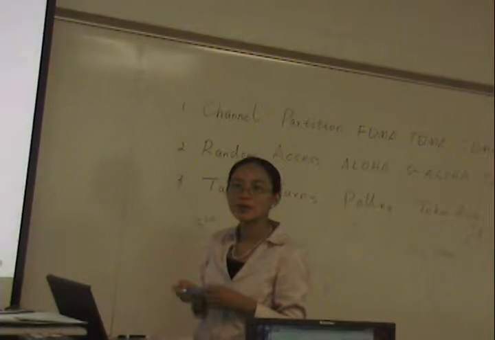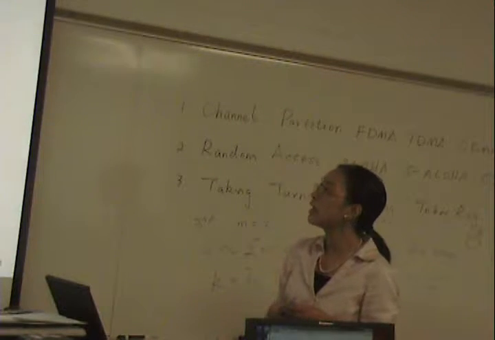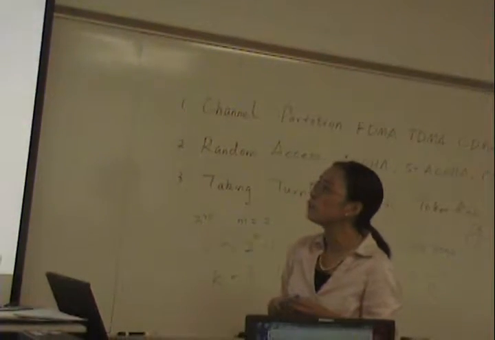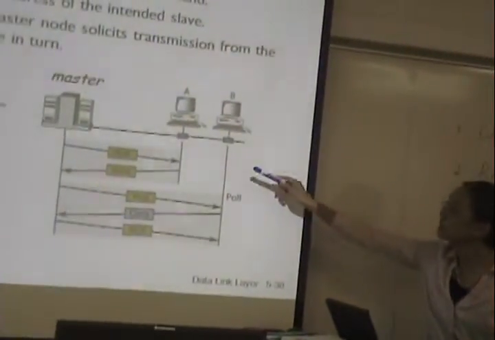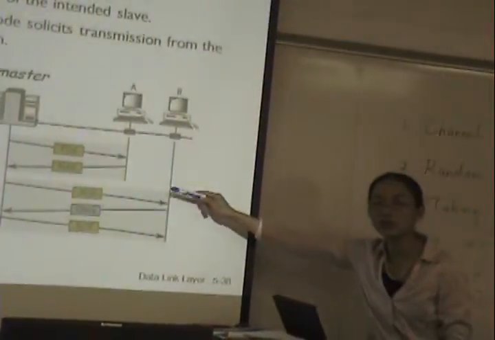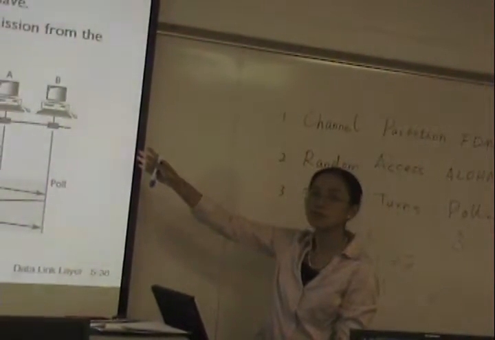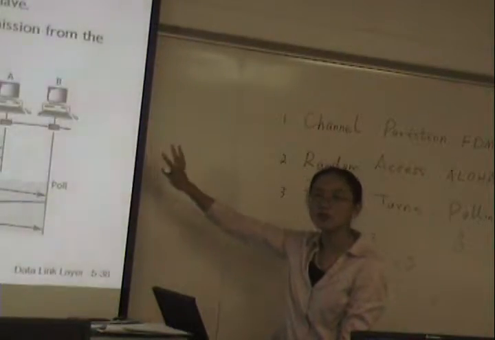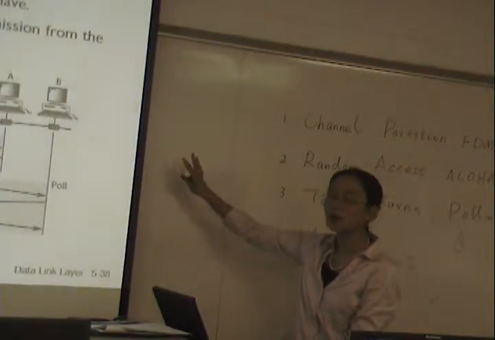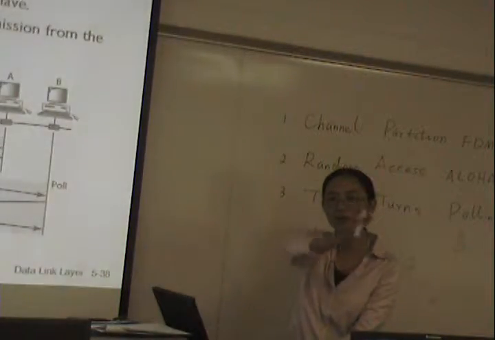So two functions: the first is the select function, the second is the poll function. By the way, for the poll function, the order or turn is predetermined. Here I only show A and B: poll A, then poll B. If you have more slaves, it would be A, B, C, D, then A, B, C, D again.